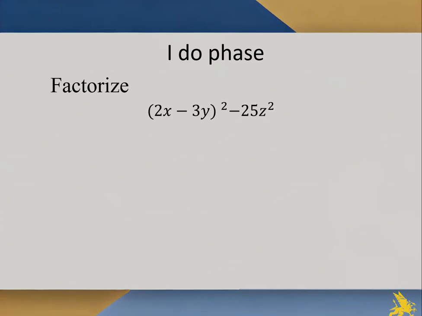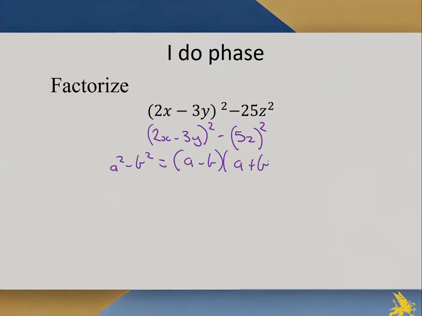So to start off with, I'm just going to rewrite it as 2x minus 3y squared, and the 25 will be 5z in brackets squared. Then I'm going to use this rule, which is a squared minus b squared is equal to a minus b, a plus b.